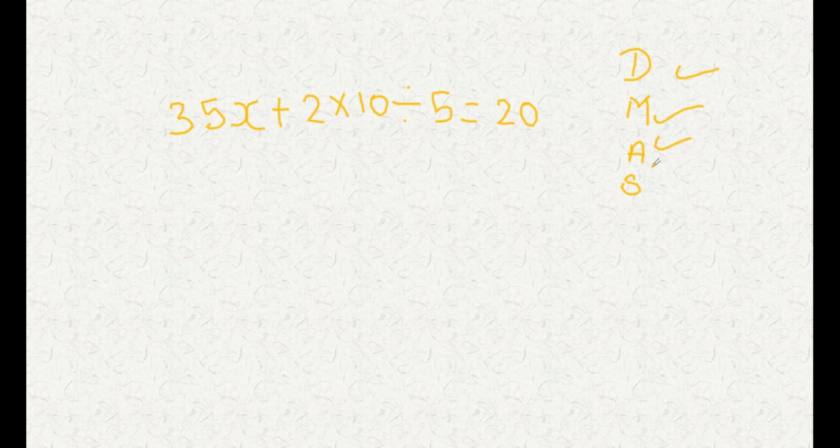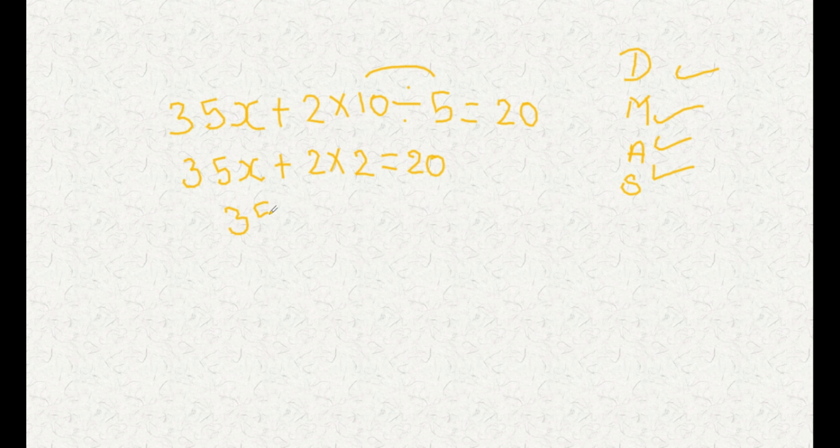Let's take the question as 35x plus 2 into 10 divided by 5 is equals to 20. Let's find the x value. First, according to the question, we should follow the DMAS rule: division, multiplication, addition, and subtraction. First, division. Let 35x be like that only, and 2 into this. 10 divided by 5 is 2, is equals to 20.